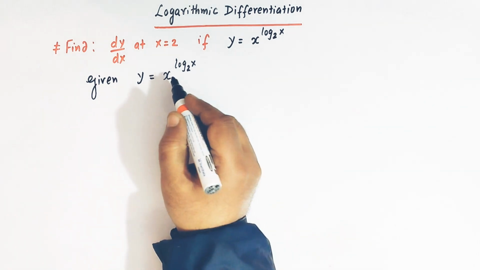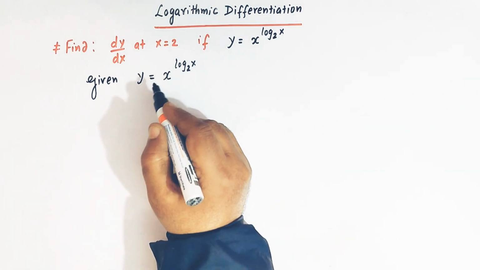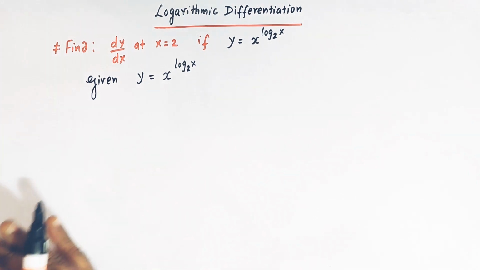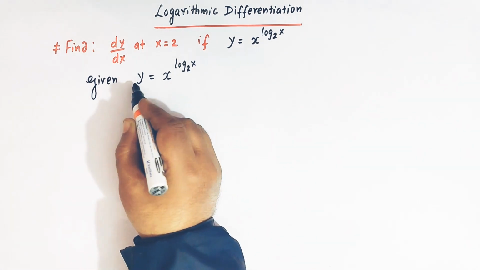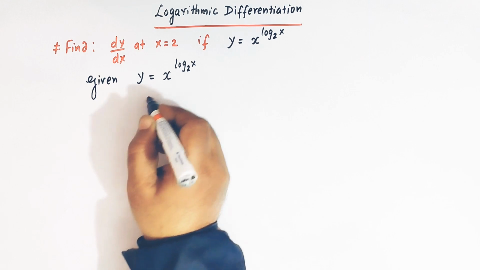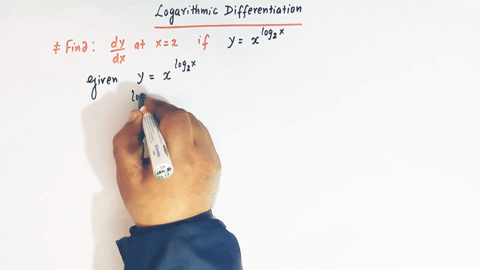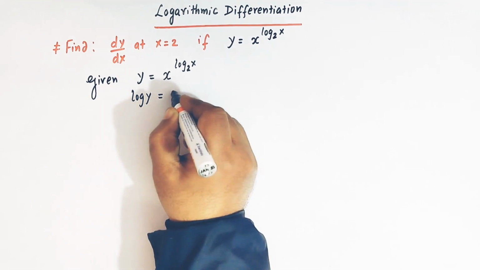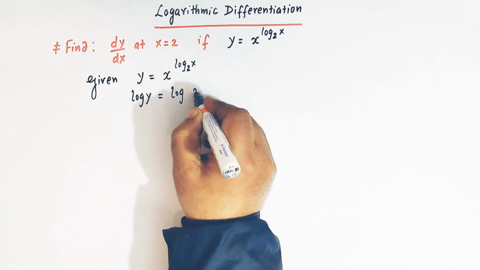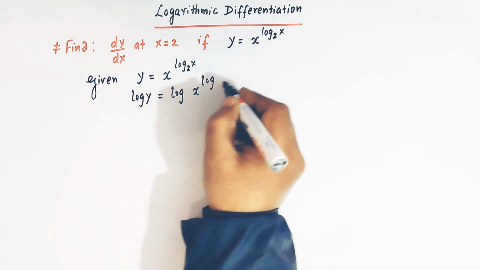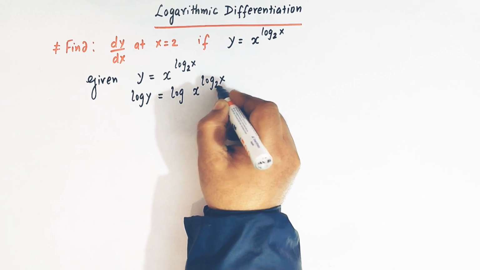So we'll first simplify this function with the help of a log. Taking logarithm of both sides, we get log of y, and here we have log of x raised to log of x to the base 2.